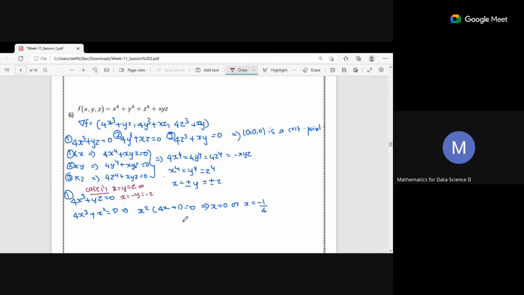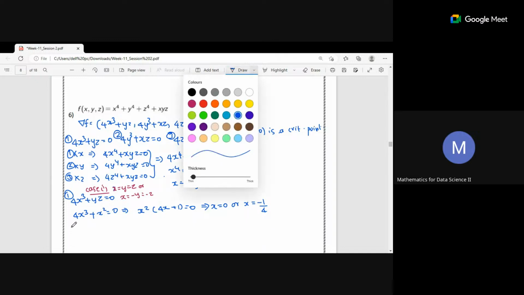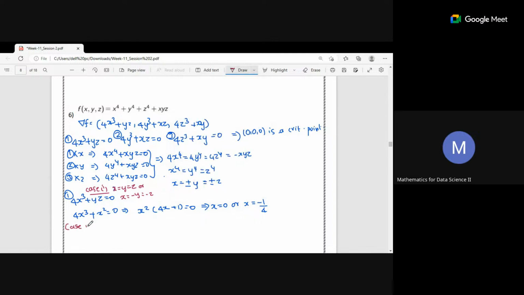So this is the first case we are considering. Okay? Maybe I write it this way. This is clearer. Okay? There are two more cases remaining where the signs can be opposite. So you can have x is equal to minus y is equal to z, or x is equal to y is equal to minus z. So this is the other case.